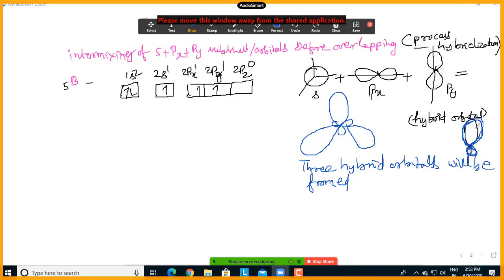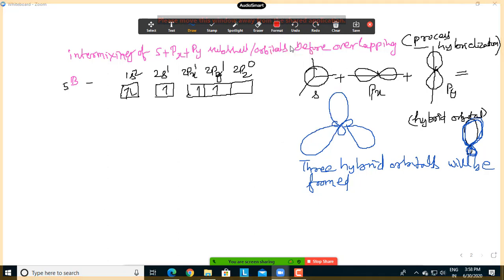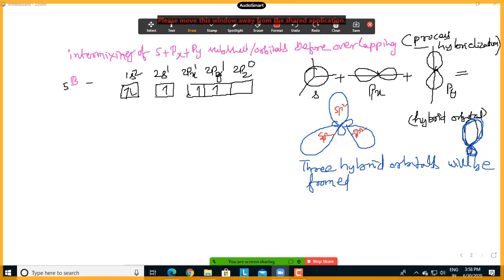So these are hybrid orbitals. Three hybrid orbitals are formed, say sp2, sp2, and sp2, and they will have this shape. Why this shape?